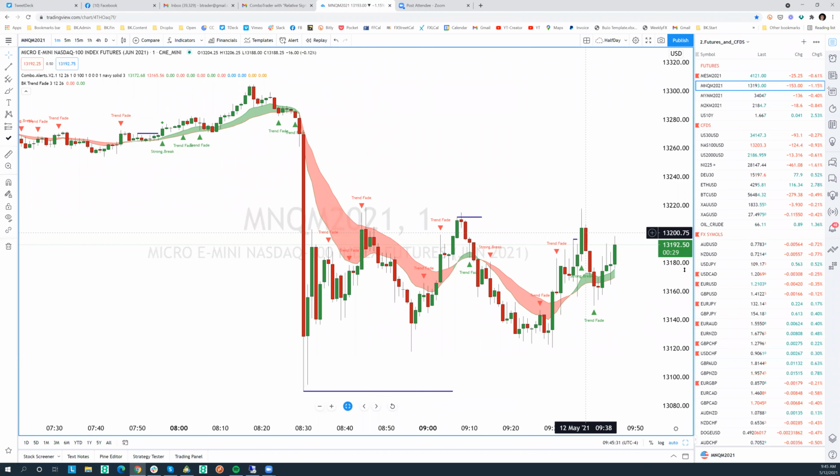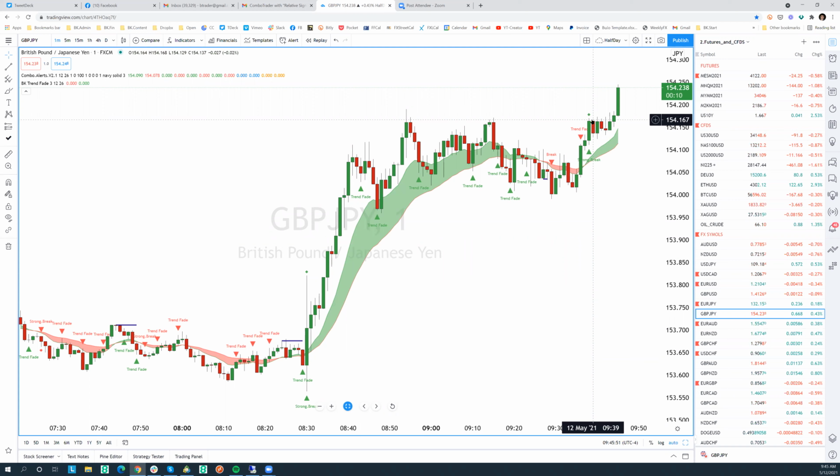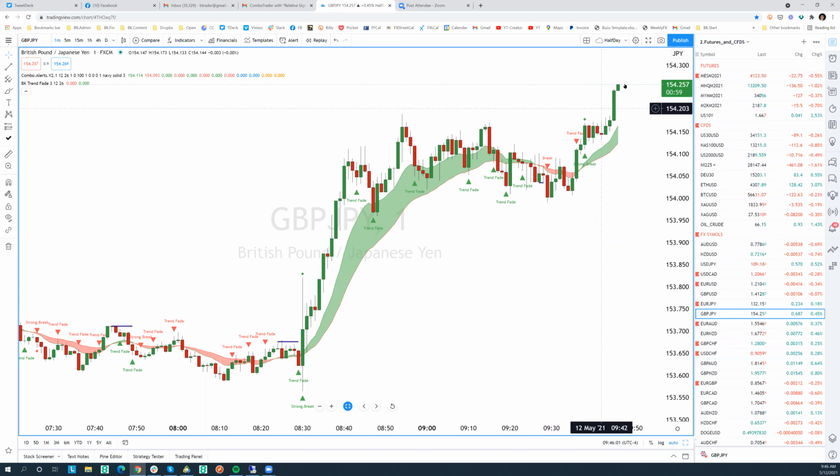Let me tell you what else is going on here. Just on a pure breakout basis, I have pound yen doing something. So this is pound yen over here, and it already took profit for me a couple of minutes ago. That was a 5 point, on a 1 minute chart, with a pure, straight up, clean structure.